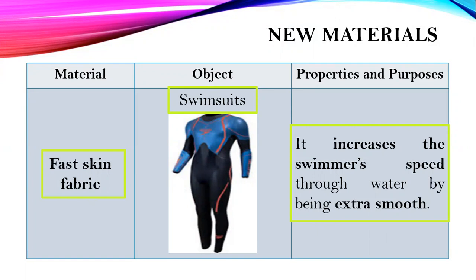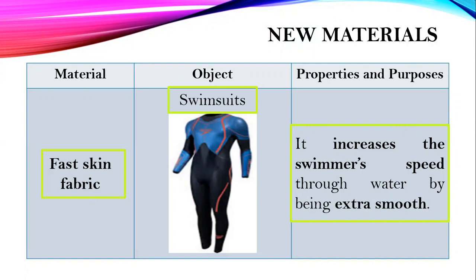So the swimmer can swim faster and faster without feeling any effort or resistance force, because the swimsuit he's wearing is extra soft and made of a new material known as fast skin fabric.